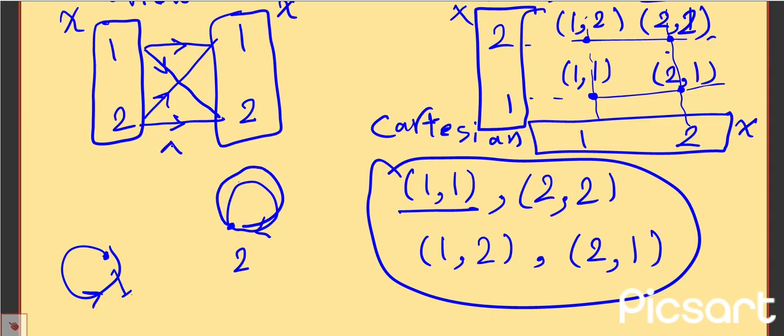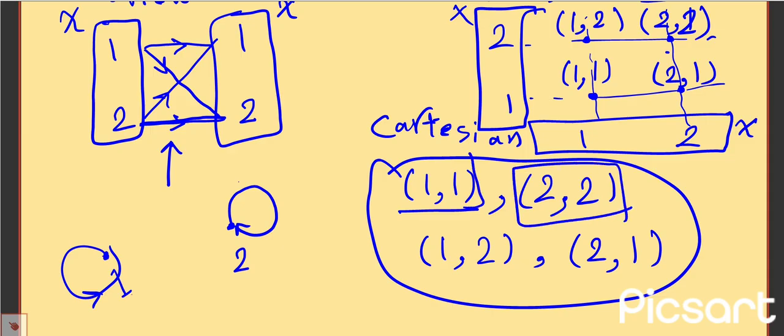Can you see this arrow? It comes from the 2 to the 2. So again, the arrow will come from 2 to the 2. Okay, so we represented 1 and 1 and 2 and 2.